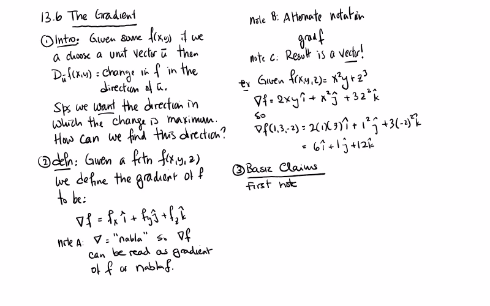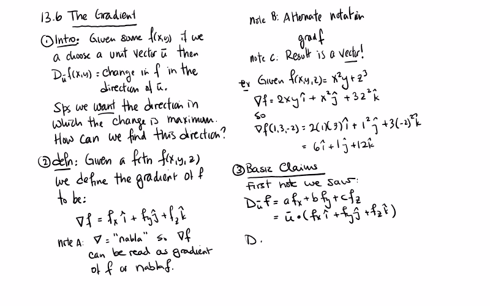Back in the directional derivative, we saw that the directional derivative in terms of a direction was equal to, the original definition was a f sub x plus b f sub y plus c f sub z, which we saw was the same as u dotted with the vector f sub x i plus f sub y j plus f sub z k. That was the last thing we mentioned in 13.5.